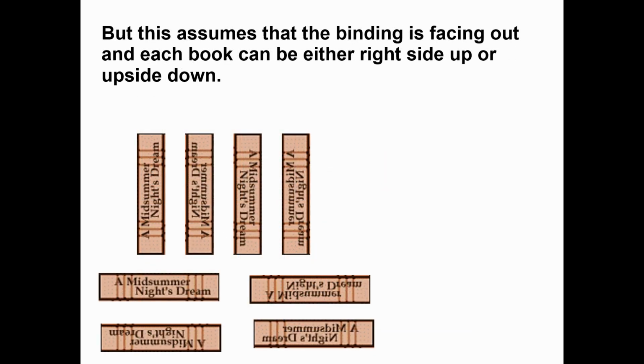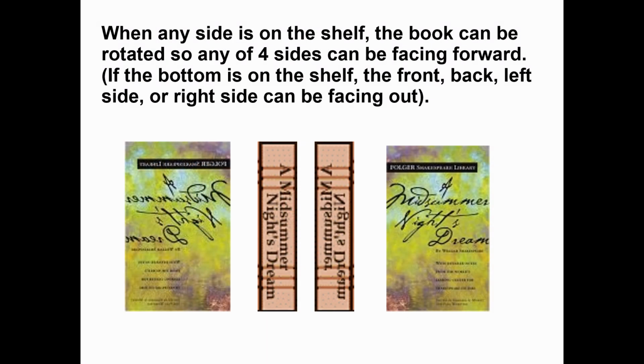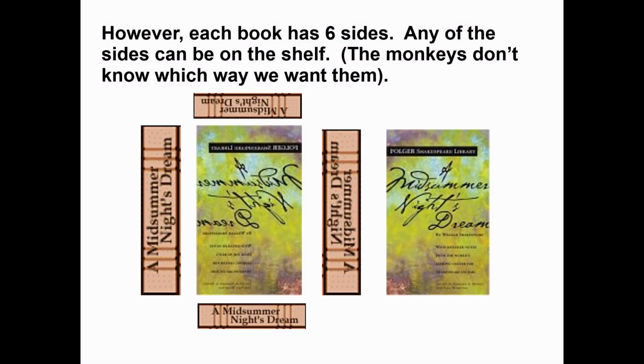This assumes that the binding is already facing out and each book can only be either right side up or upside down. When the books are right side up, any side could be facing forward: the front of the book, the back, the binding, or the binding could be inboard with the pages out. And here's the thing, each book has 6 sides.